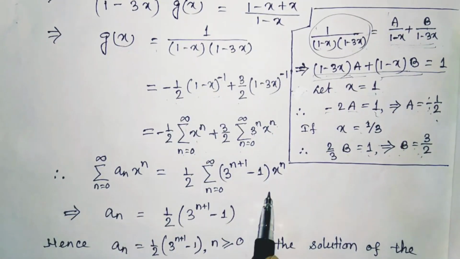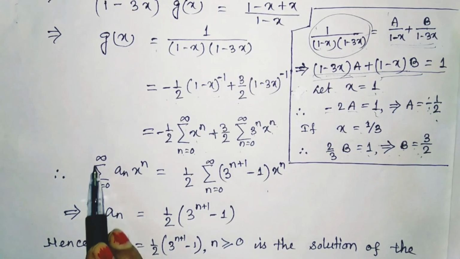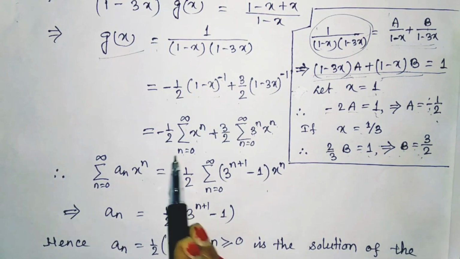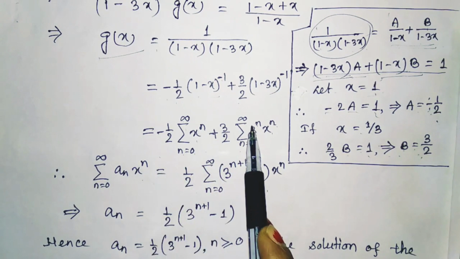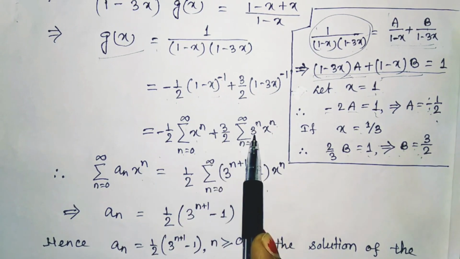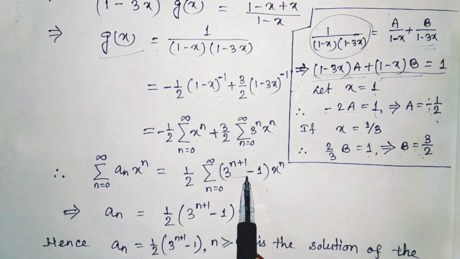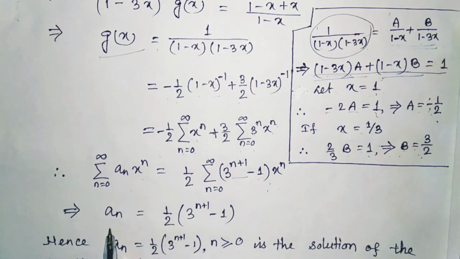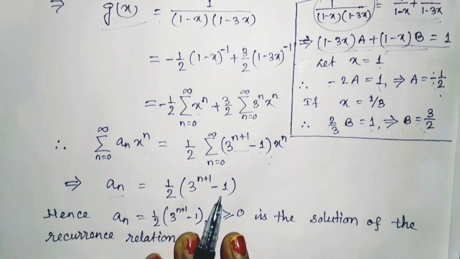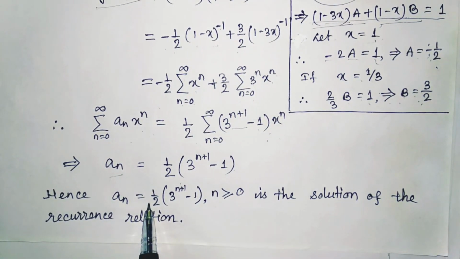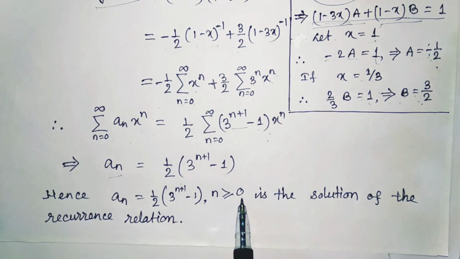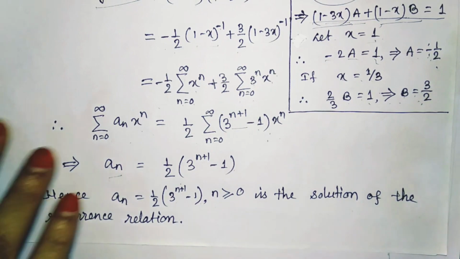Now if you compare both sides, we find the summation n from 0 to infinity a_n x to the power n, the value of g(x), equals, taking half common from these two, 3 to the power n into 3, that means 3 to the power n plus 1, then minus 1, into x^n. If we compare both sides, we find a_n equals half of (3 to the power n plus 1 minus 1). Hence a_n equals 1 upon 2 times (3 to the power n plus 1 minus 1), where n greater than 0, is the solution of the given recurrence relation.